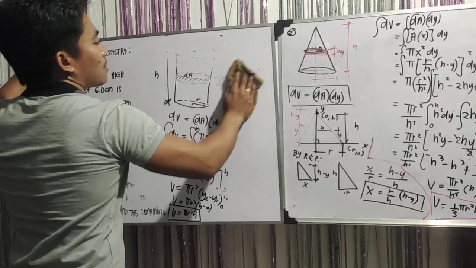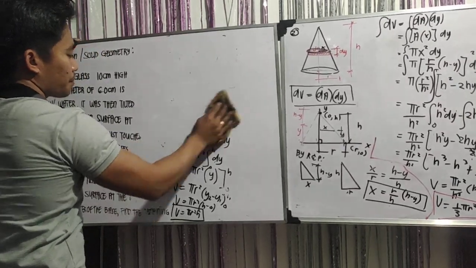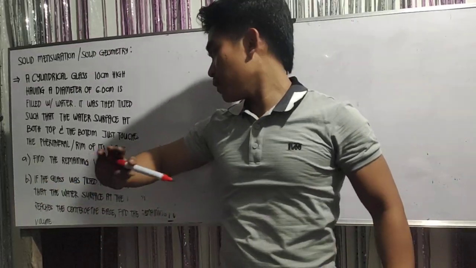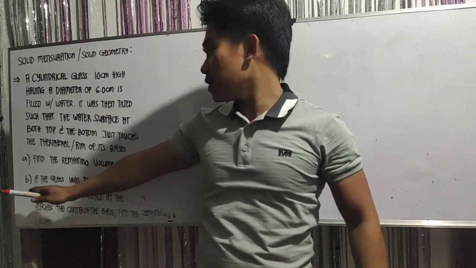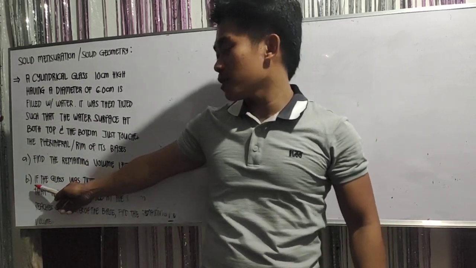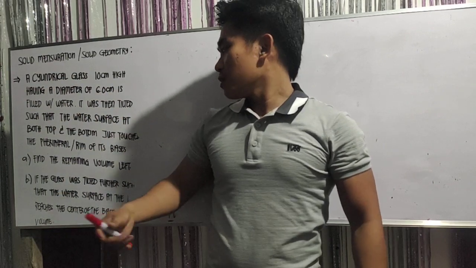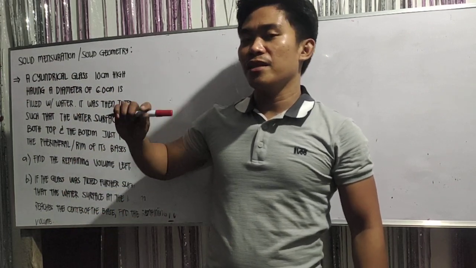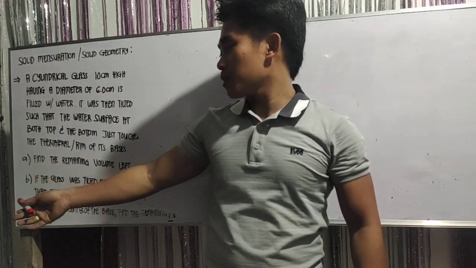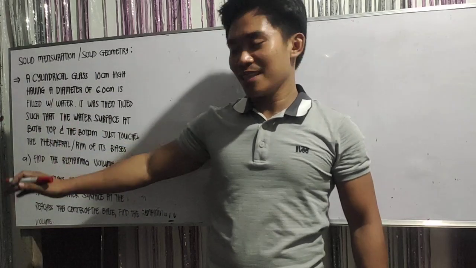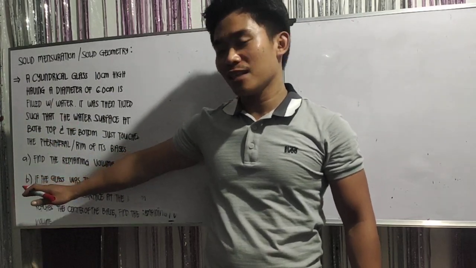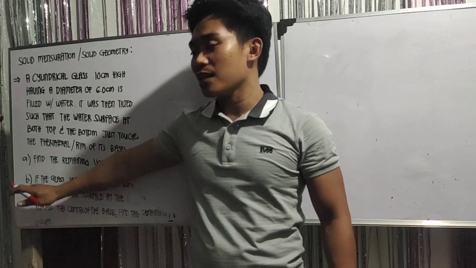Now erase this one. We'll solve this problem, letter B, which we already solved before, okay? In the previous video. Okay? But it happened na yung ginamit natin formula doon is Prismoidal formula. So, let's check if mathematics will tell us na same lang yung result kapag ginamitan natin ito ng calculus.